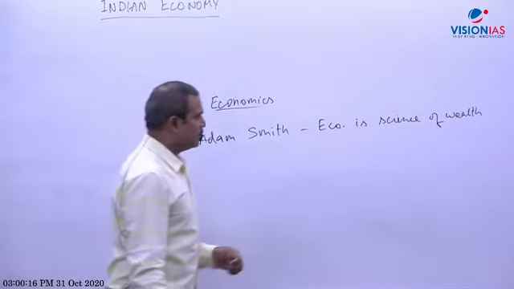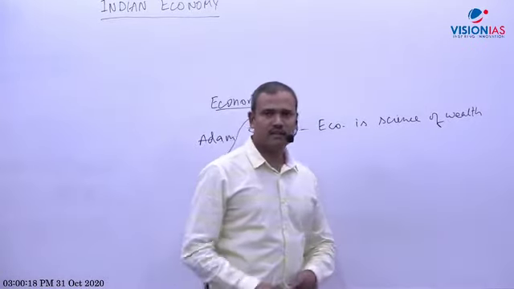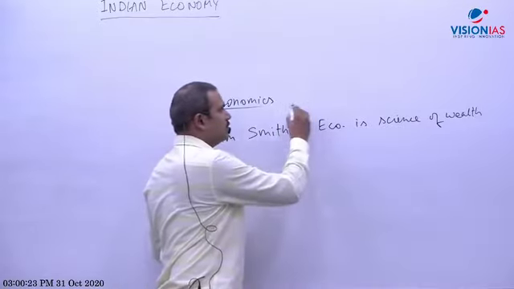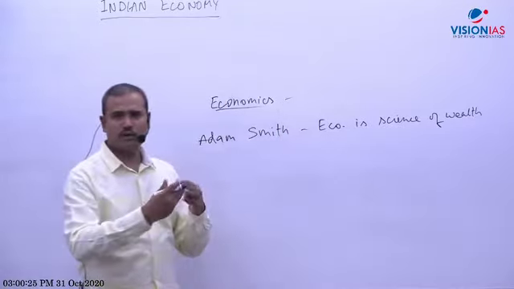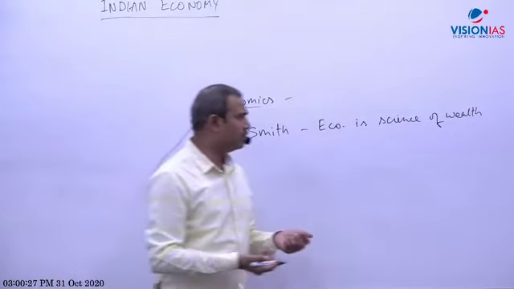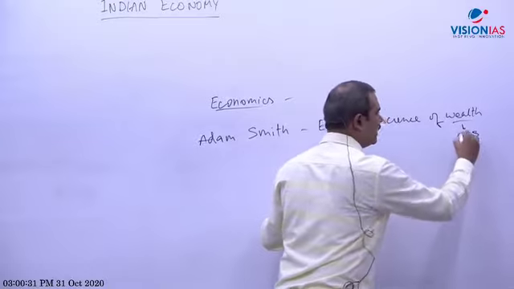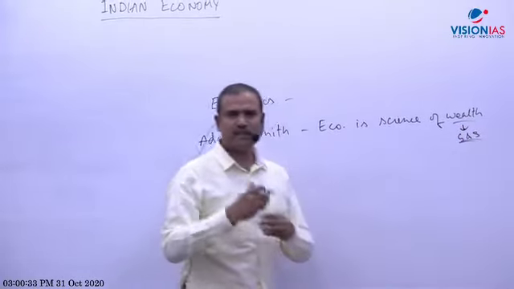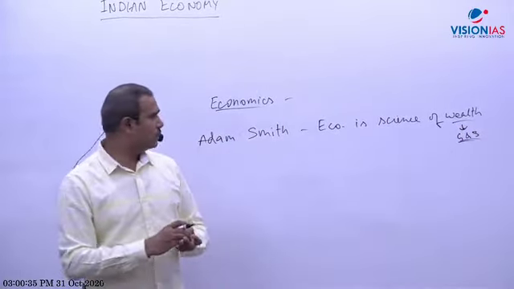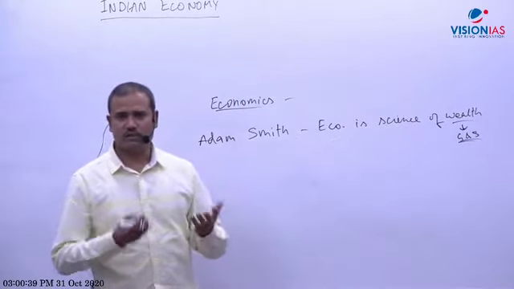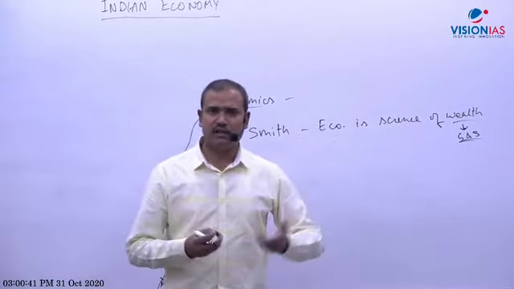Okay, so what is the meaning of wealth here? Actually, wealth here means goods and services, just like I told you, it deals with production and distribution of goods and services. Because we produce goods and services, we create wealth. So wealth creation means production of goods and services. So economics is the science of wealth, meaning mainly the production process, wealth creation, is studied in economics.